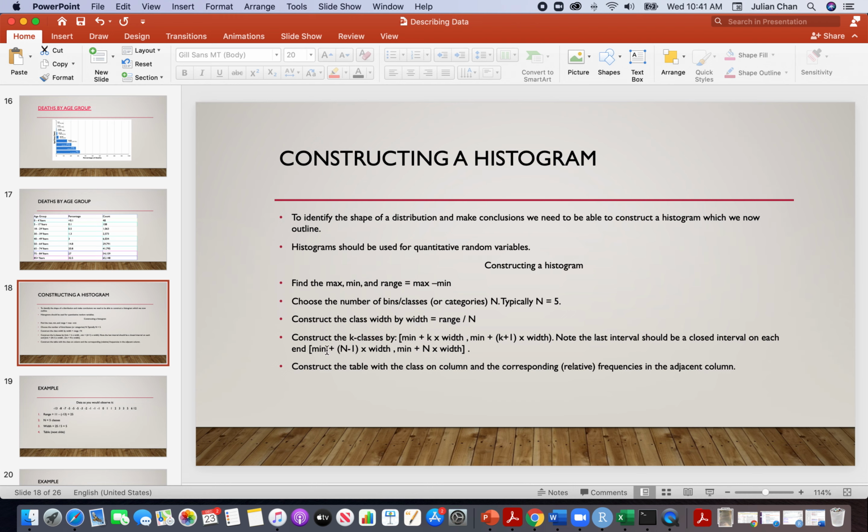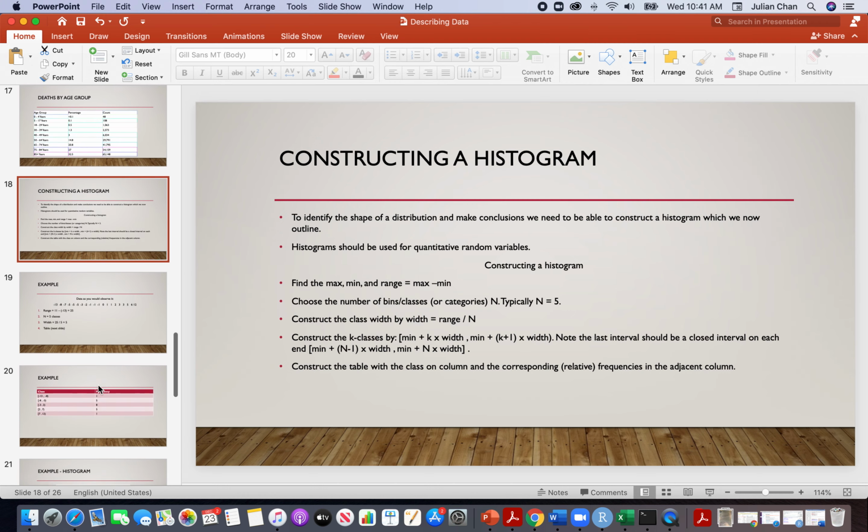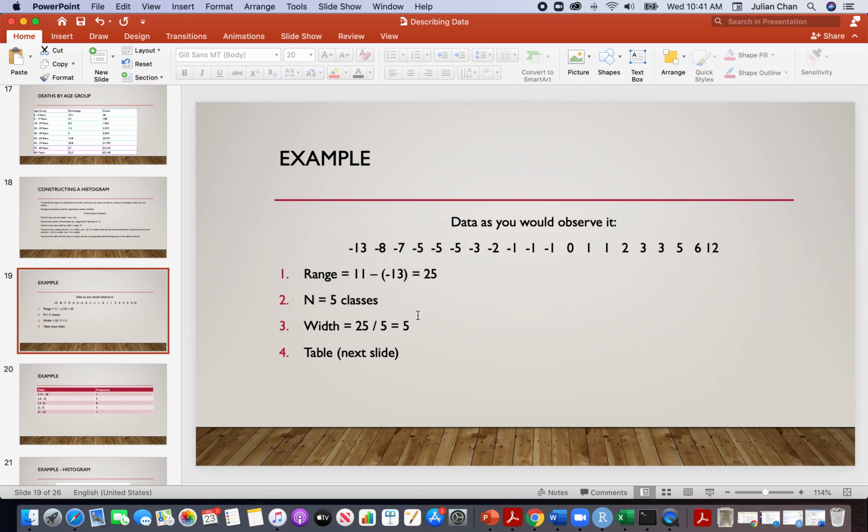So now let's construct these classes and form our table. Okay, so here's some example data. Here's data, as you might observe it, is just data. Our largest observation is not 11, no, it's a typo.